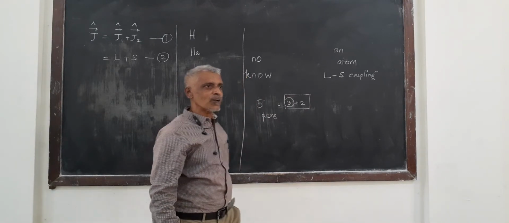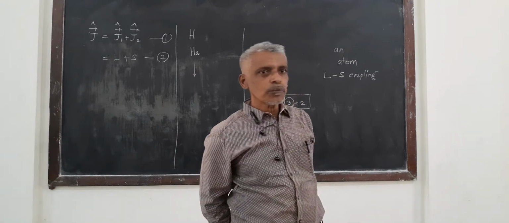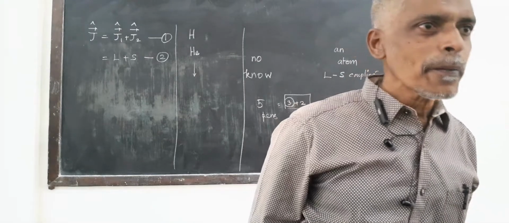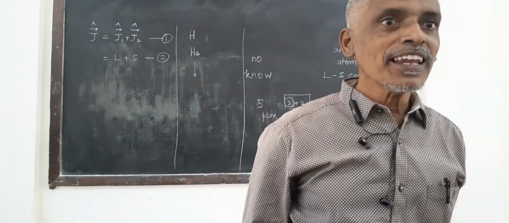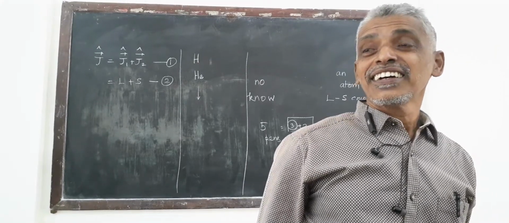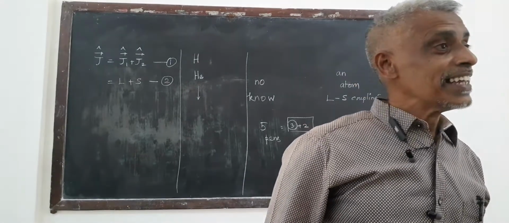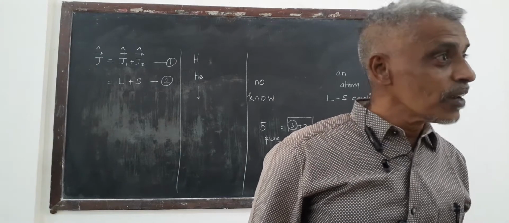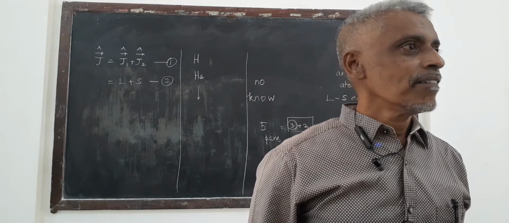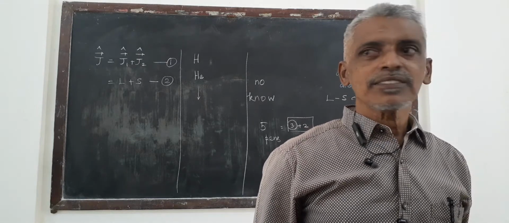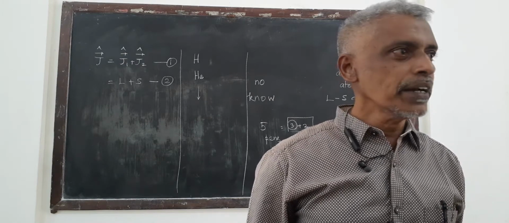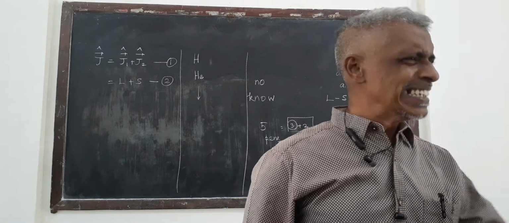J is the total angular momentum. J is equal to J1 plus J2. J1 stands for total angular momentum of one electron, one body, one man, one element, one thing.